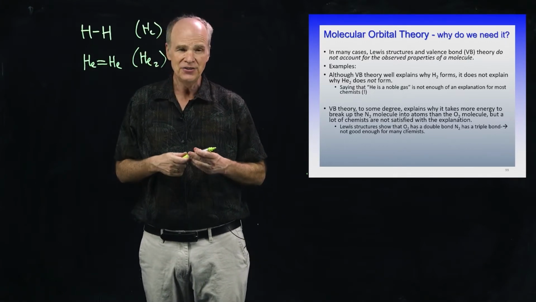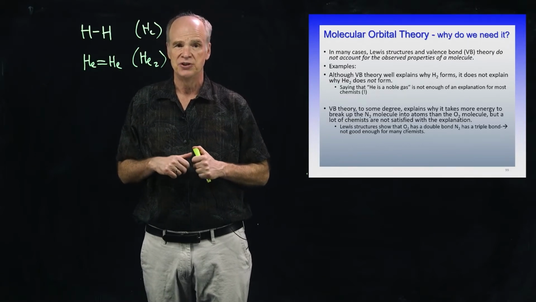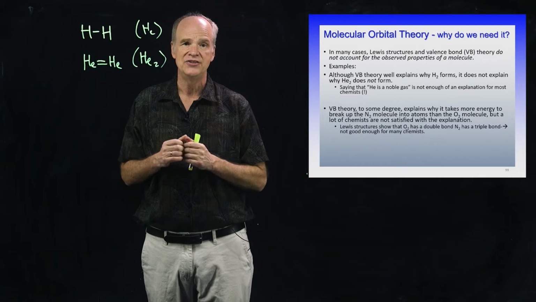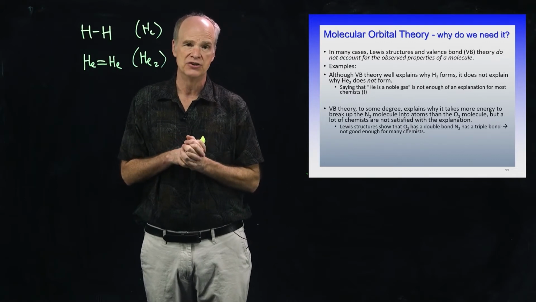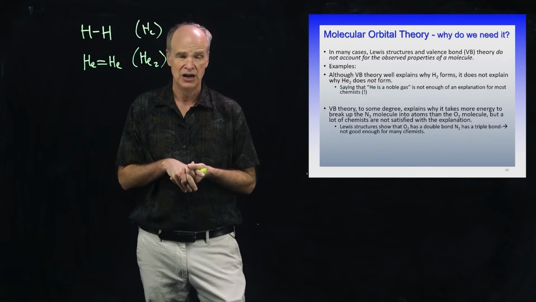Okay, another thing that molecular orbital theory can do is provide another explanation as to why it takes a lot more energy to break up some molecules into atoms compared to other molecules.